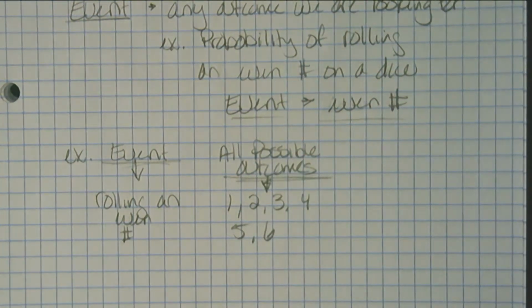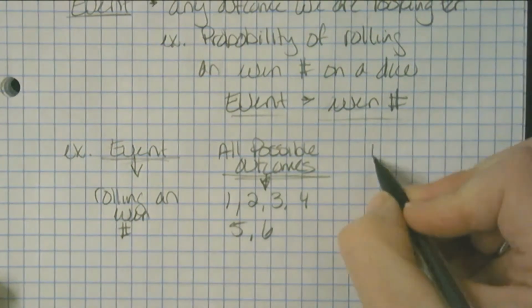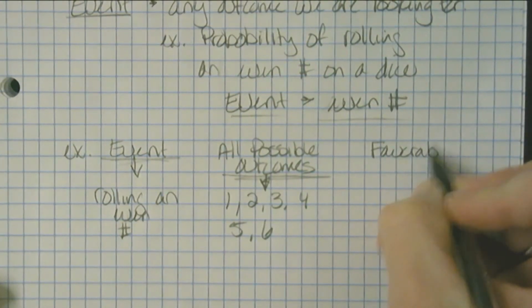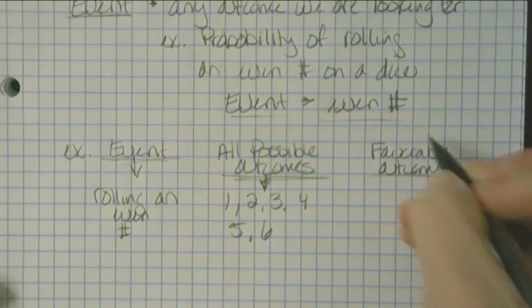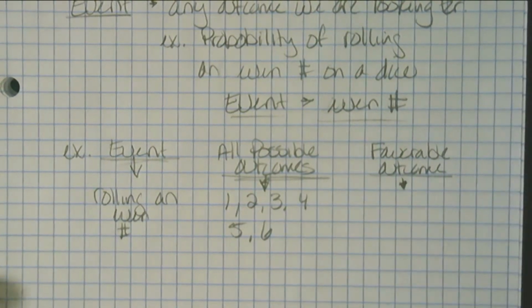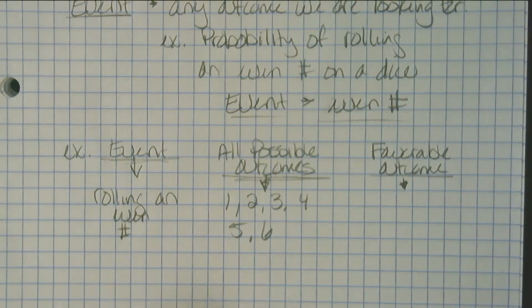So all the possible outcomes you can get from rolling a dice is a 1 or a 2 or a 3 or a 4. All right, what we talk about are favorable outcomes. Favorable outcomes are the ones that meet your event requirement.